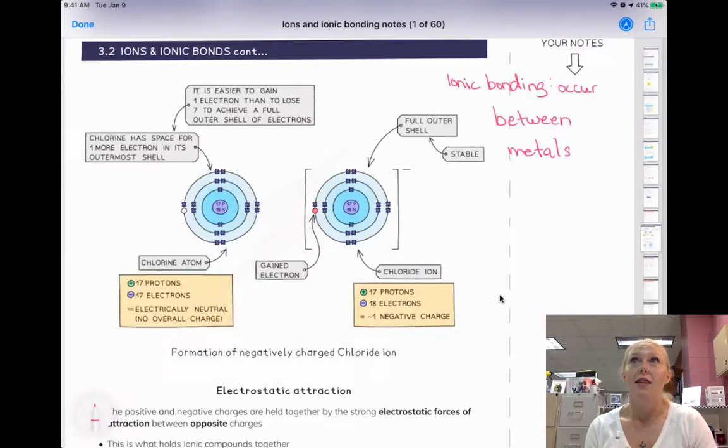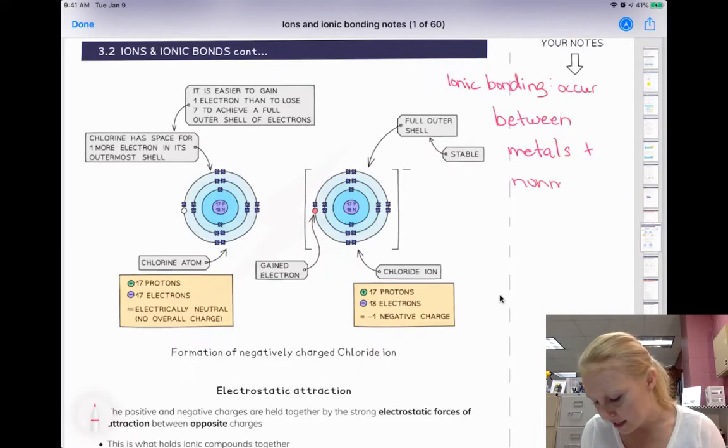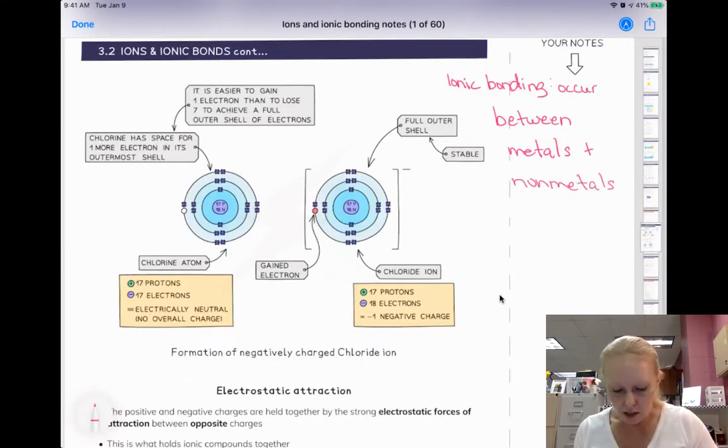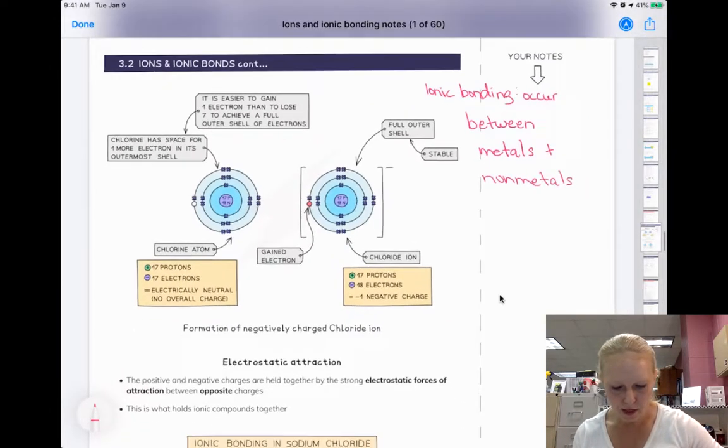To the left-hand side, we have our metals. To the right-hand side, we have our nonmetals. All right, hopefully we got that clear this time. So this is going to occur between metals, and I'm using a plus sign for "and," since you're technically adding them together, and nonmetals.